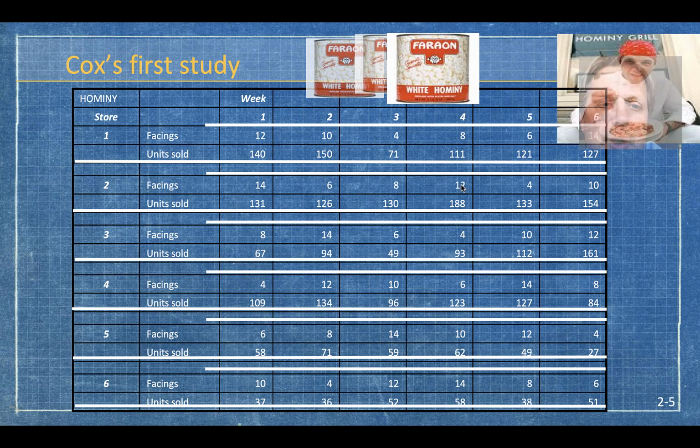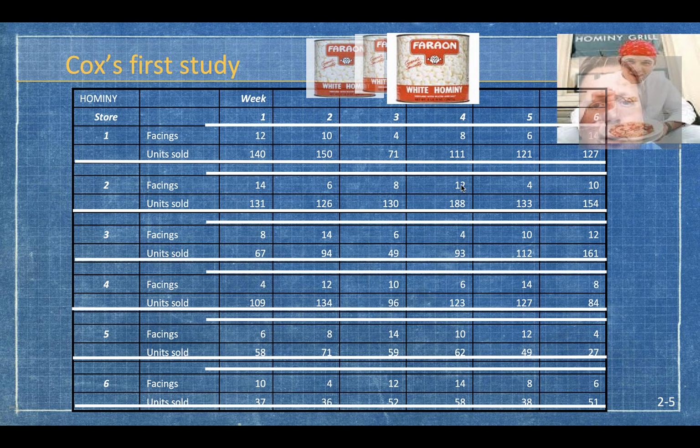So if you look at week 1, for instance, you have all the different combinations of number of facings present in one store during that period. And if you look at store 1, horizontally, you can see that in store 1, all the different variations of number of facings will be tested in each store.